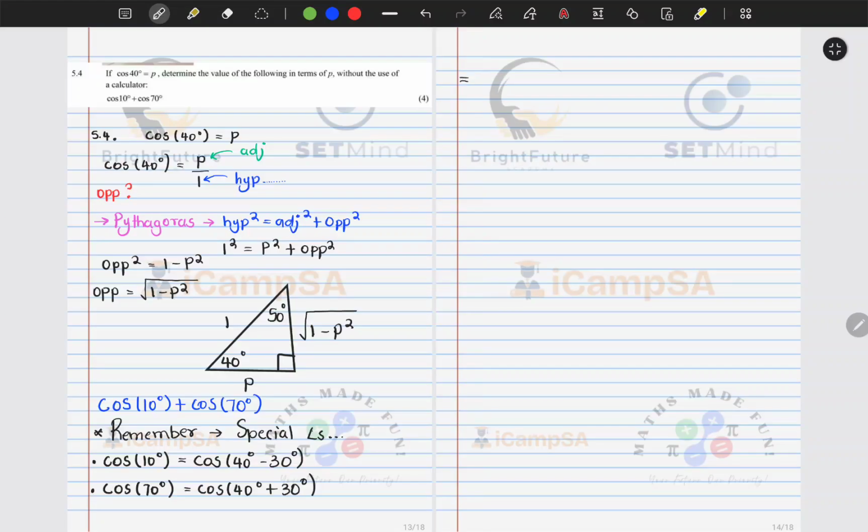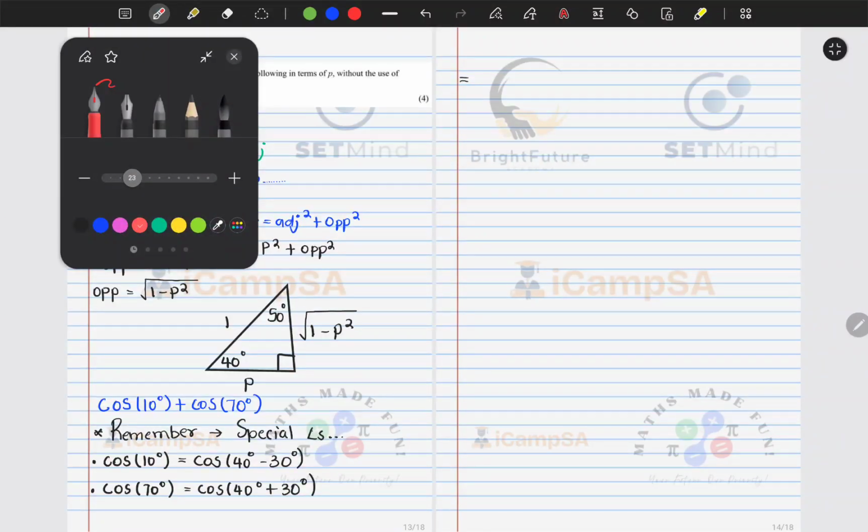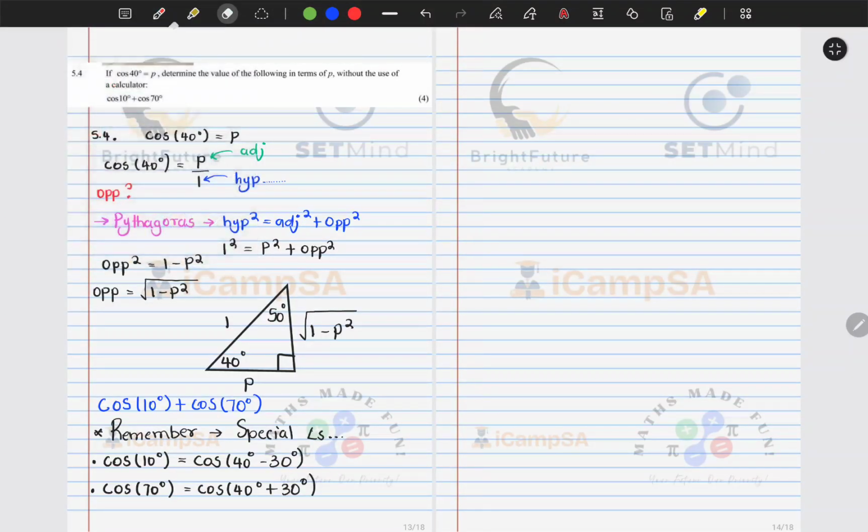Wherever we see this, we also need to remember our compound angle. So let's quickly note it down. We need to remember what we call our compound angle identities.